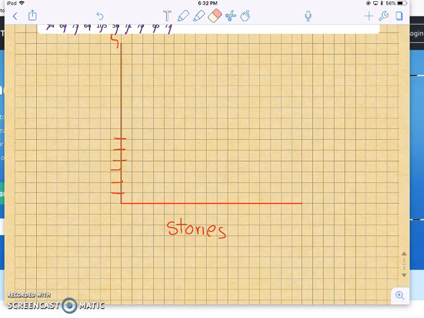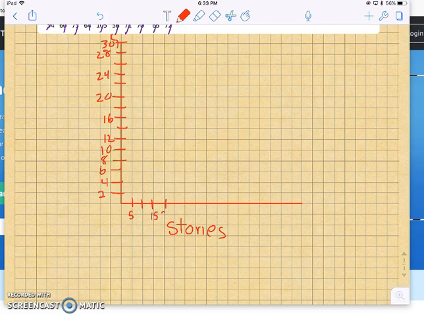Maybe we count by 2s: 2, 4, 6, up to 30. So we got enough. So number of stories: 5, 10, 15, up to 70, then 80, 90, 100, 110.